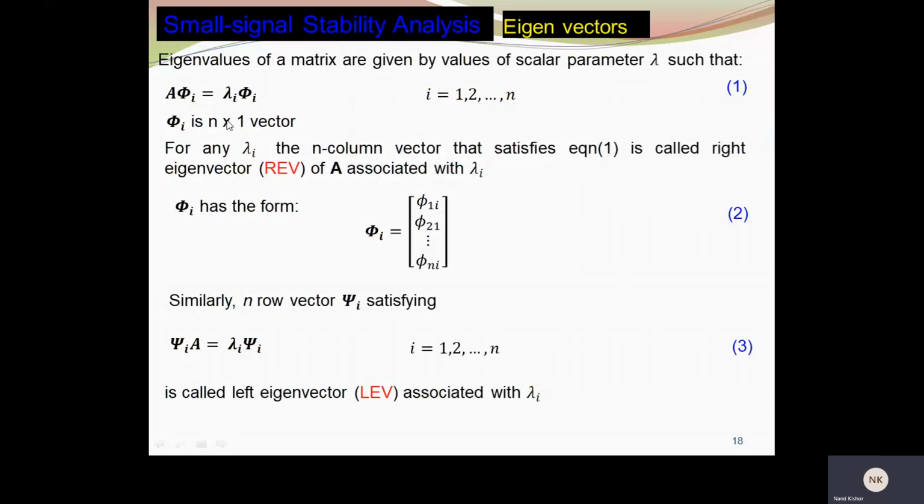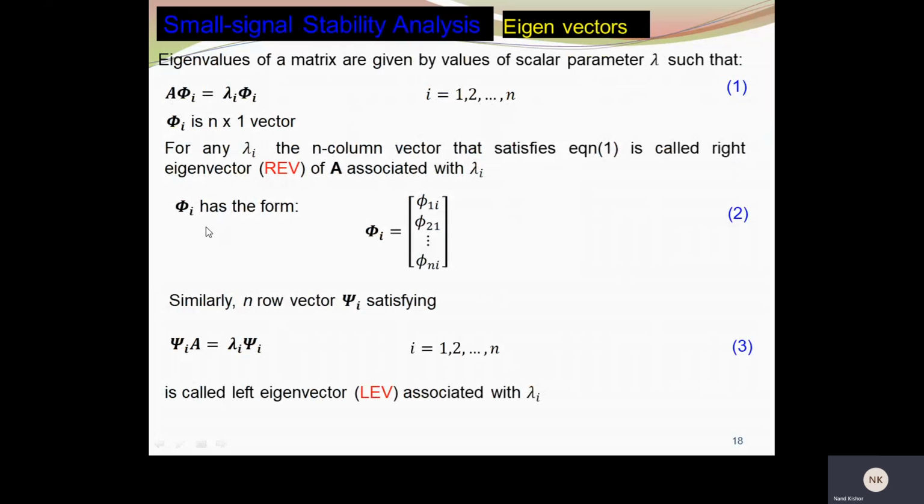For any lambda_i, the n column vector which satisfies equation 1 is referred to as the right eigenvector of A associated with that particular eigenvalue.